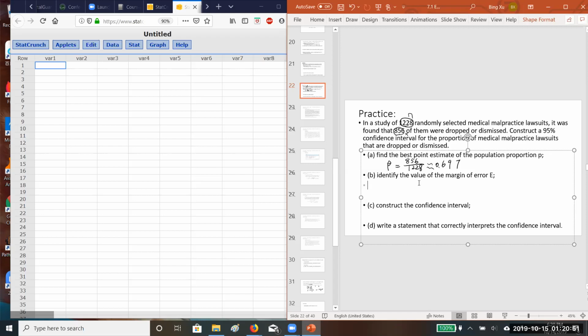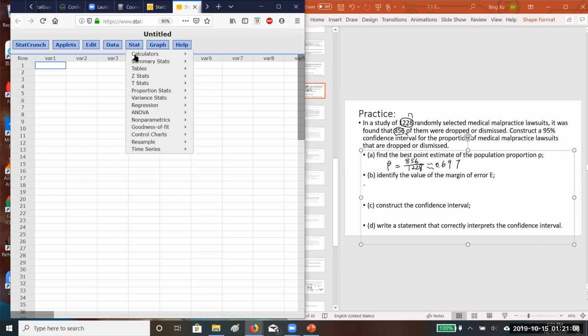We just found the point estimate, which is this divided by that: 856 divided by 1228, you get this. And then you want to find the margin of error.